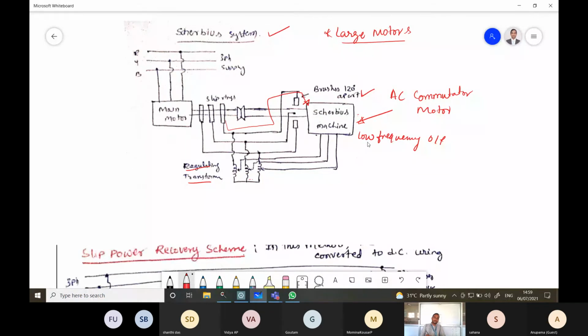Again, this is the feedback, a low-frequency drive. If the frequency varies, speed can automatically be controlled. So this commutator motor is a variable speed motor. The Scherbius AC commutator motor is also called a variable speed motor.